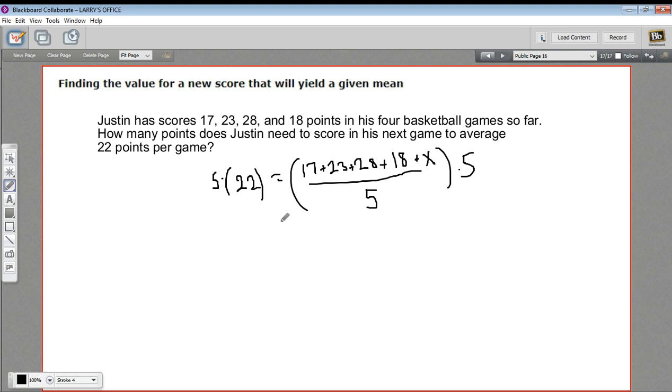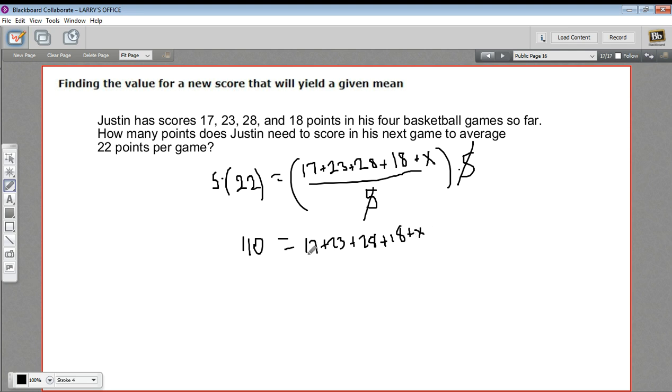So 22 times 5, let's see, 5 times 2 is 10, and 10, so that's 110. And then here, the 5s are just going to cancel each other out. So we're going to have 17 plus 23 plus 28 plus 18 plus x.